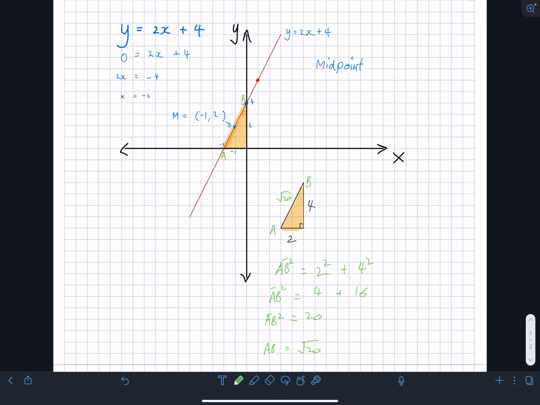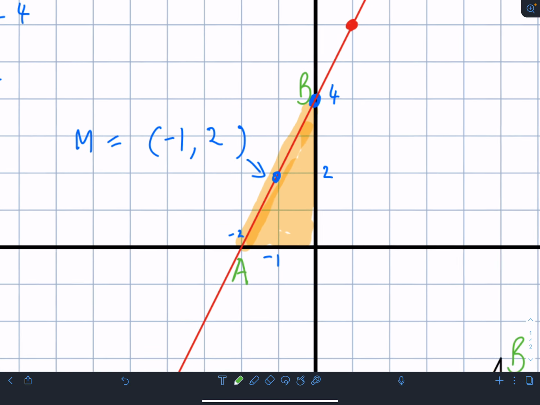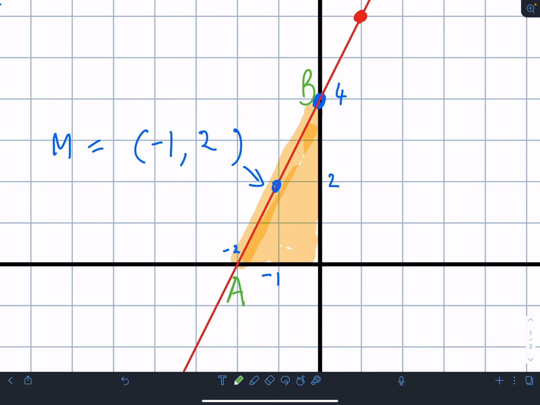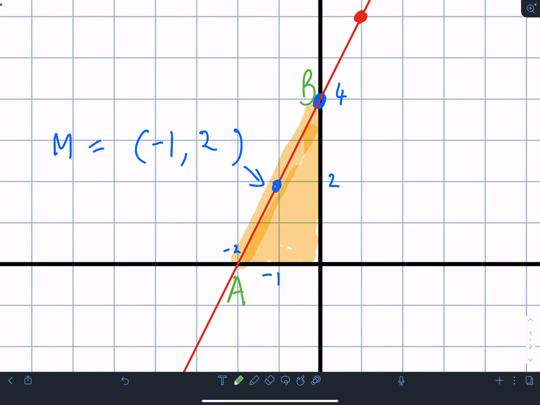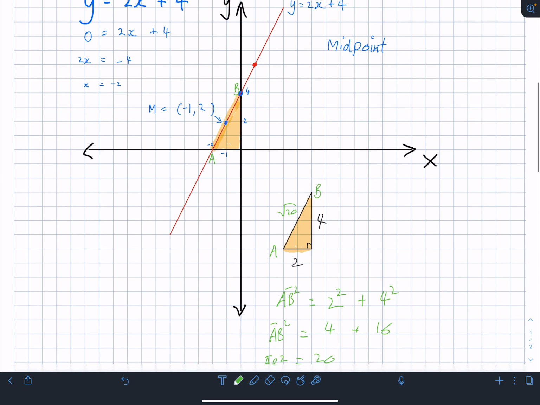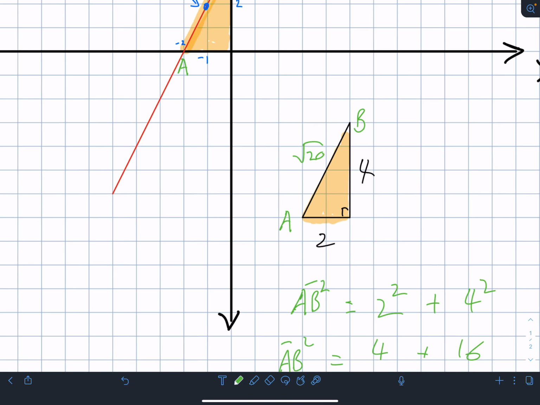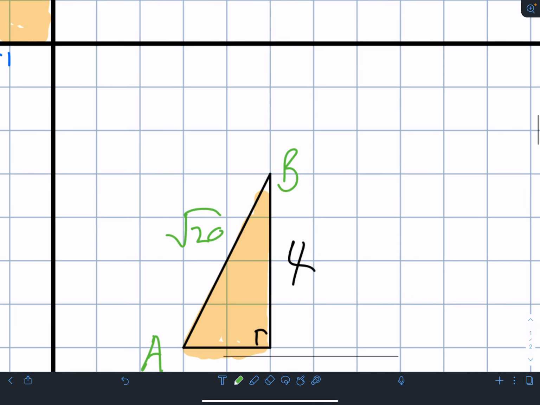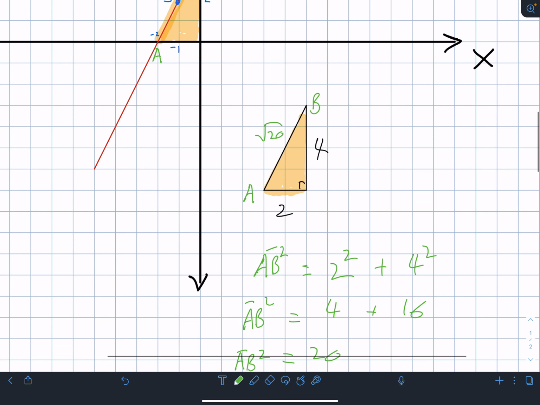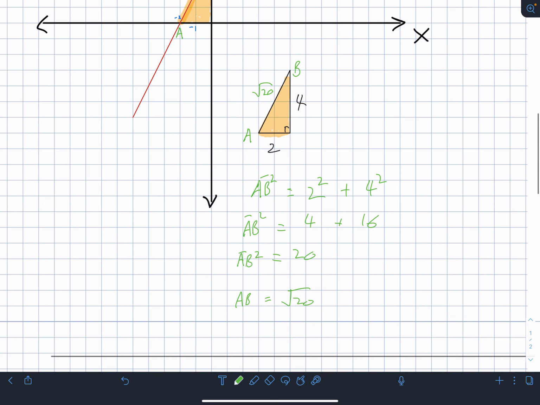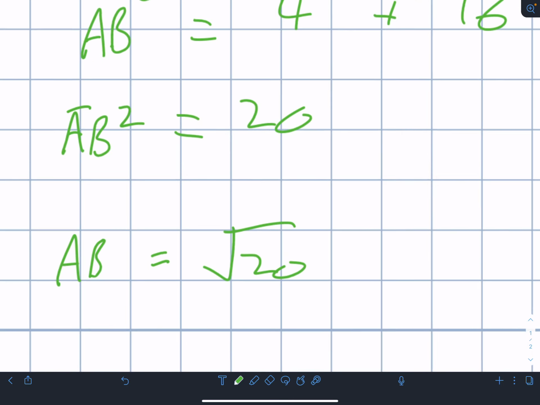We've found the coordinates of the midpoint at x is -1 and y is 2, so that's labelled as M. We've found the line segment between the x-intercept, which we've called A, and the y-intercept, which we've called B, so we've called that line AB, and we've found that that length is root 20. It's fine in this situation to keep the length in exact form, or surd form, or square root form. So it's root 20.